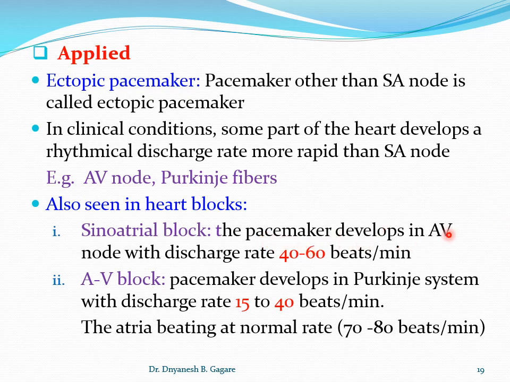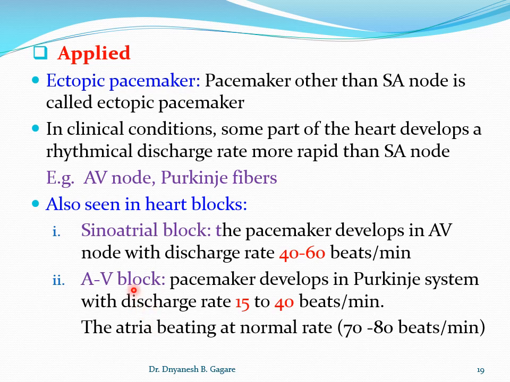The pacemaker develops in the AV node with a discharge rate of 40 to 60 beats per minute. The charge will be taken by the AV node, but with a rate of 40 to 60 beats per minute, which means the heart will contract at 40 to 60 beats per minute.